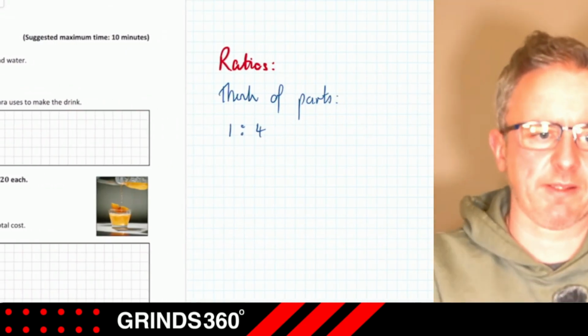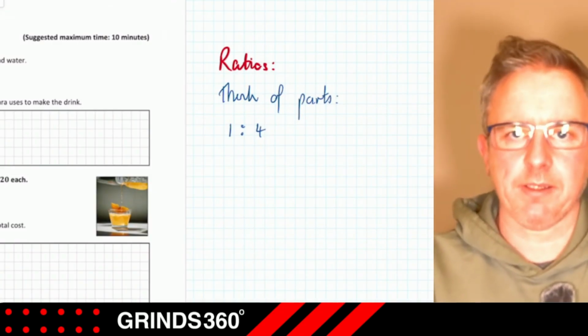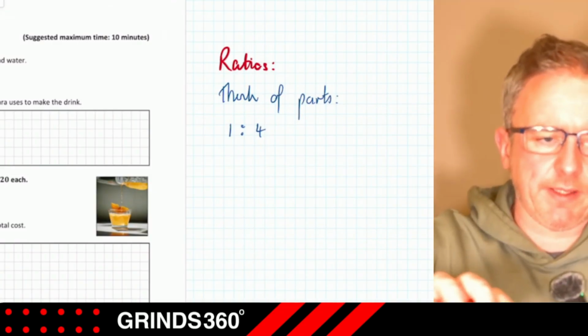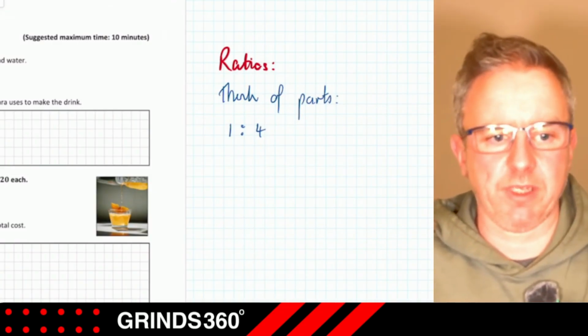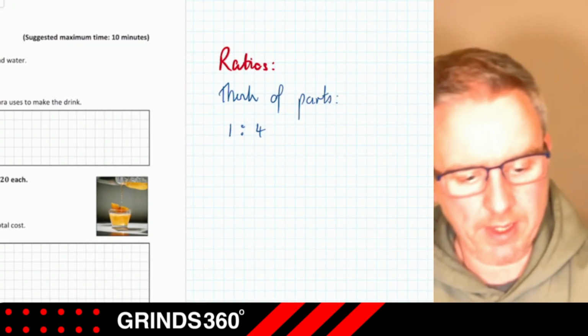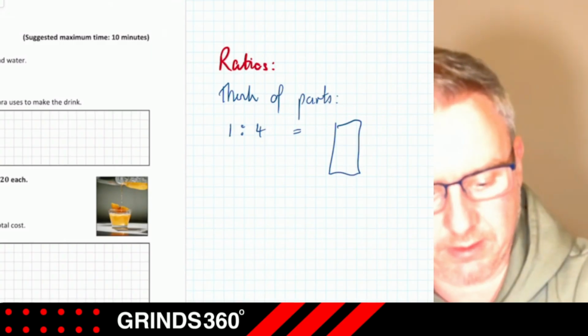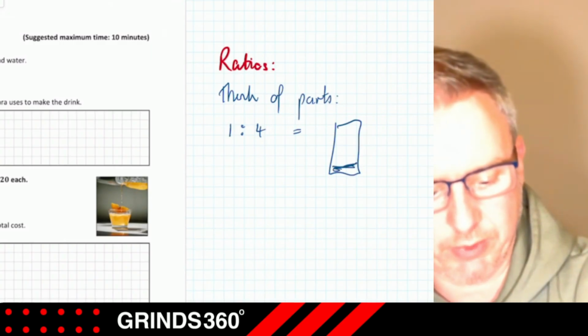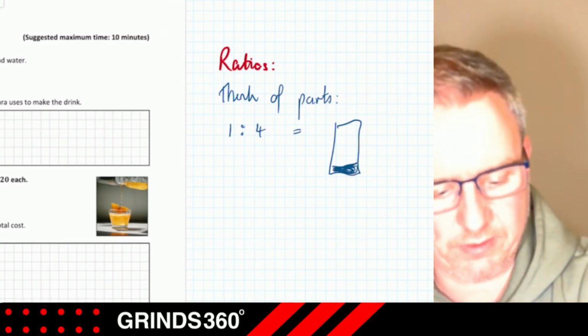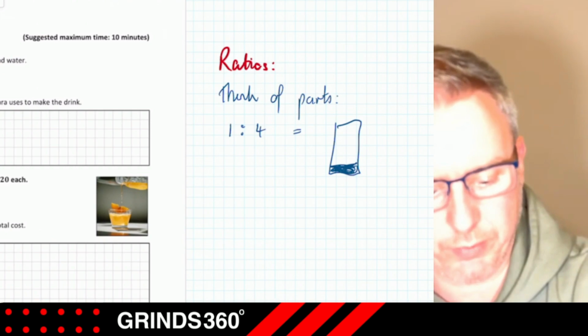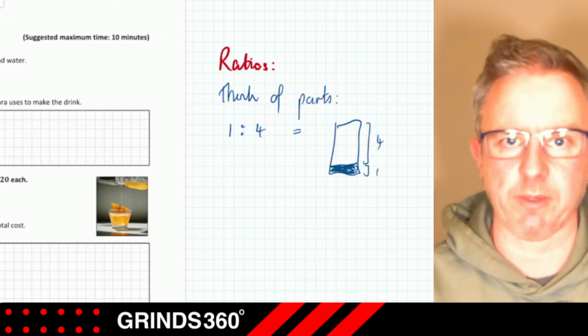So what that means is for every 1 part concentrate I pour into the glass, I have to pour 4 times as much water. So if you had the glass here, you'd have one little part down at the bottom, and that's going to be the concentrate, and then you fill it up with water, so you'd have 4:1. That's what they mean by that.